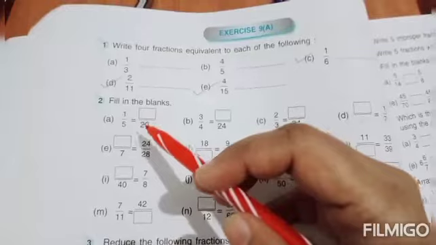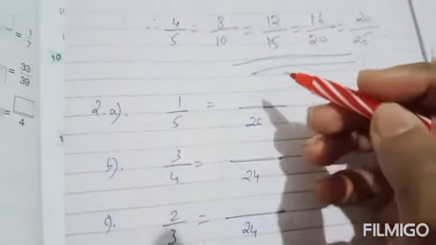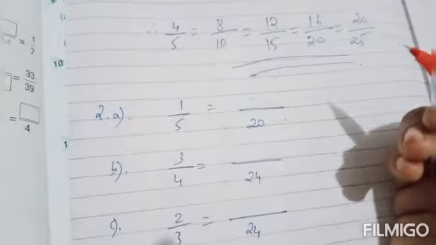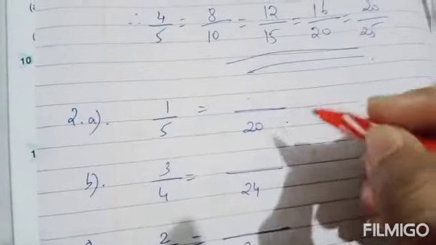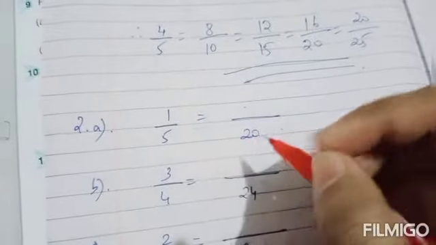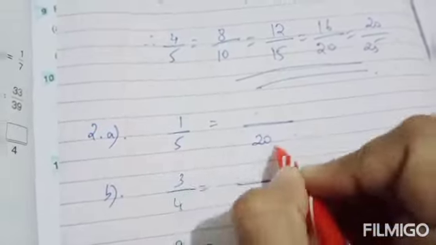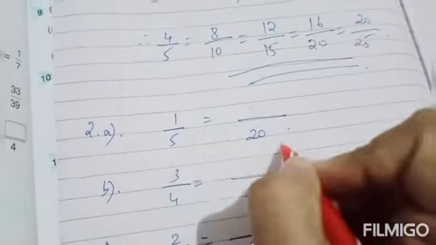A, 1 by 5 equal to dash by 20. So here you can see a blank. In this blank you need to write what number will come. Okay. So these two fractions are equivalent fractions. So you can find the number by seeing the denominator. Here 5 and 20.